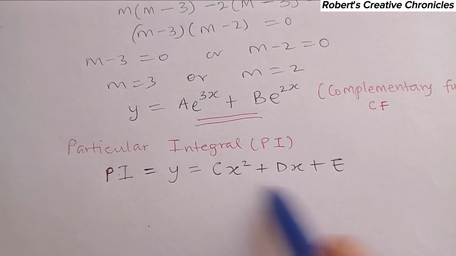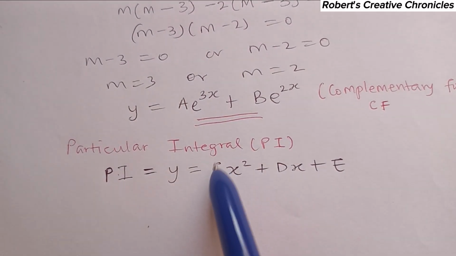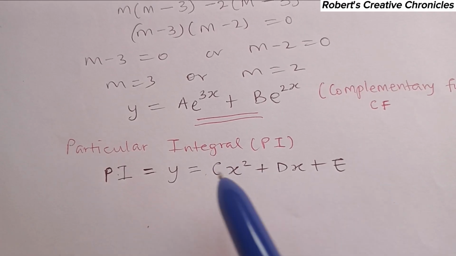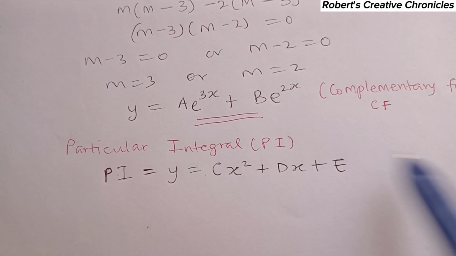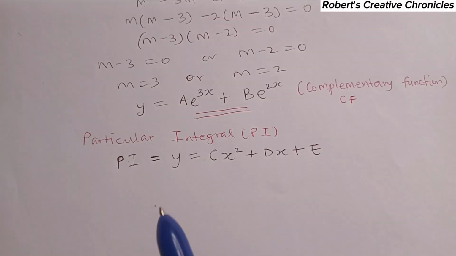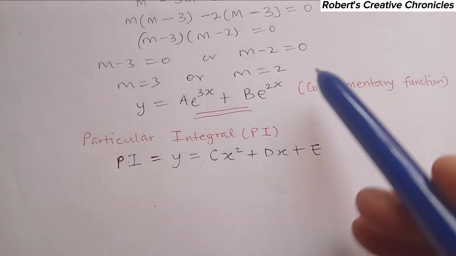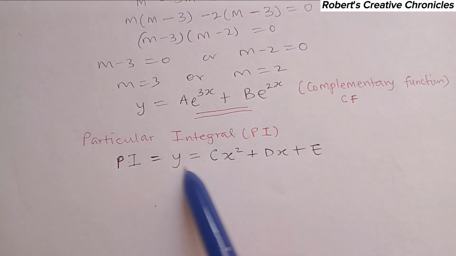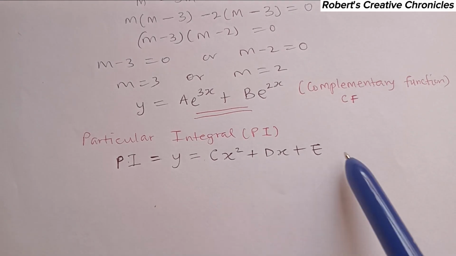This is the general form of a quadratic equation. You can use any constants here, maybe a, b, c, d, e, f, g, anything you want. So this is the general form of the function on the right hand side, whereby c, d, and e are constants.